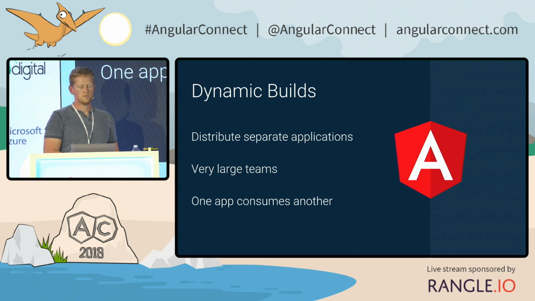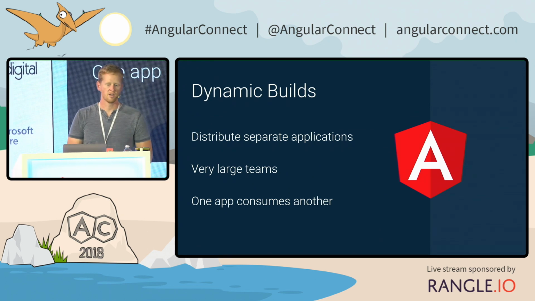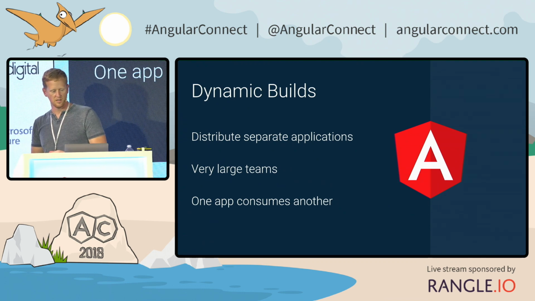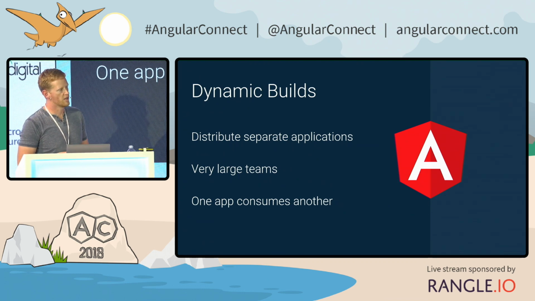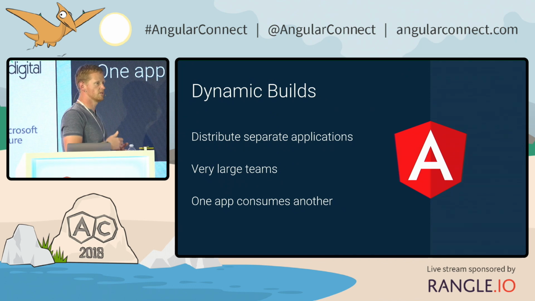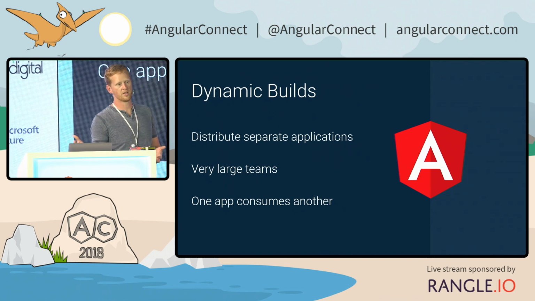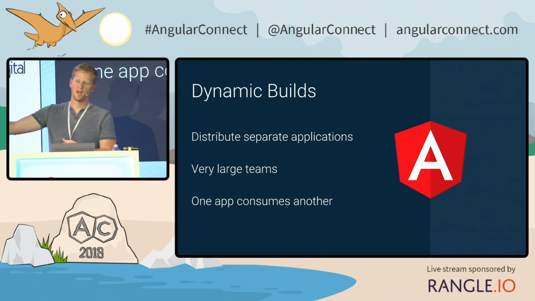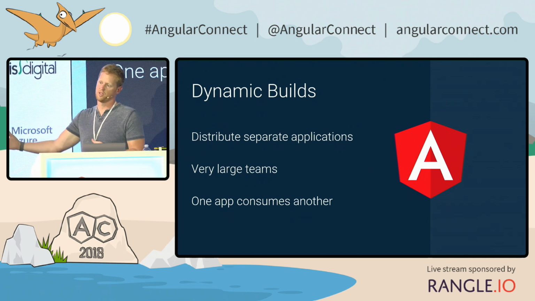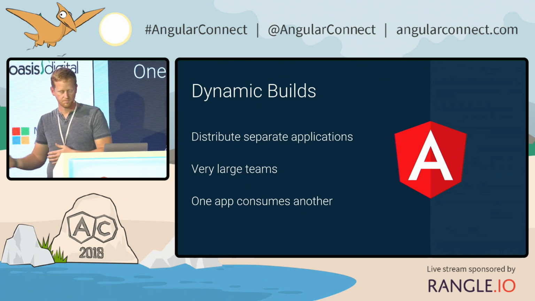In the same vein as lazy loading, a couple of people have asked about this thing, dynamic builds. Dynamic builds would be a way to distribute entire, fully built applications, and let one application consume another complete, fully built application.